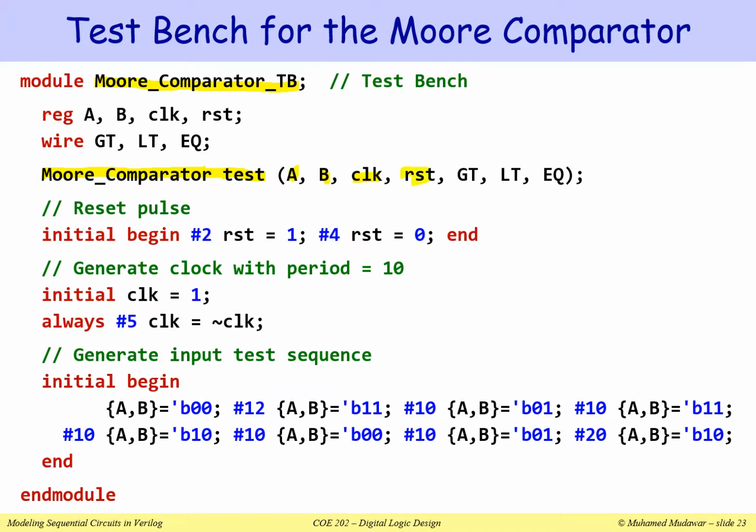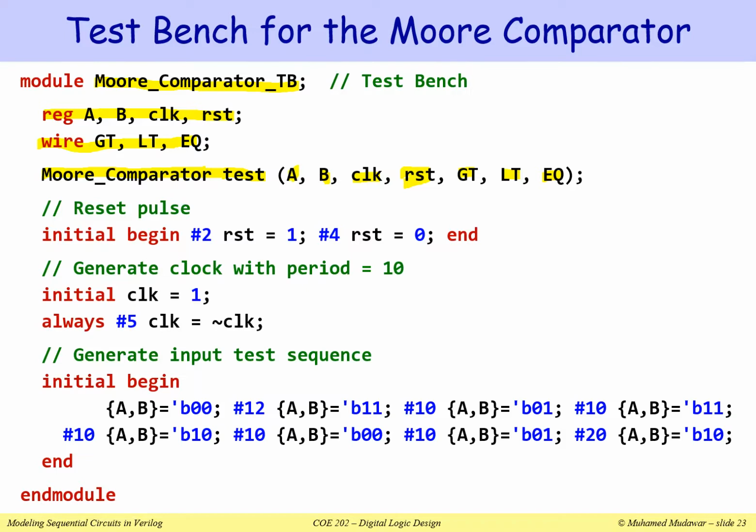Notice that these are of type register, because we're going to change their values inside this test bench. There are 3 outputs, greater than, less than, and equal, and these are just simply wires, and we need to watch their values.